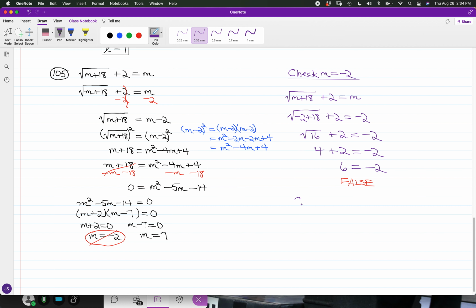Now for the other possibility, we have m equal to 7.